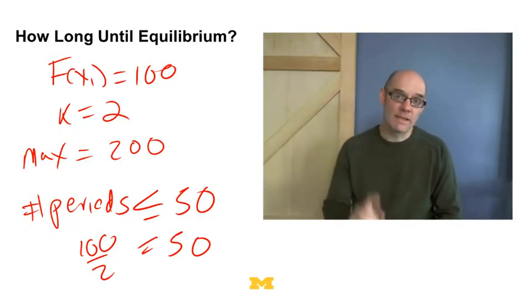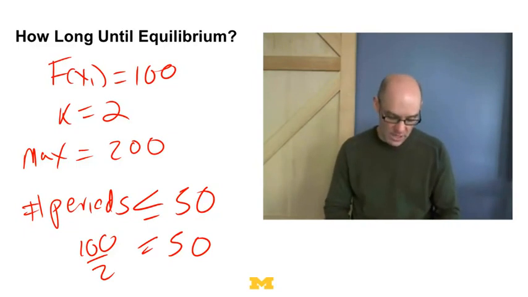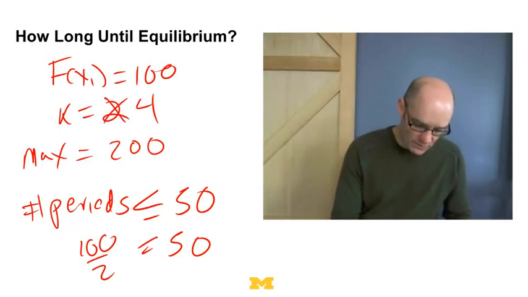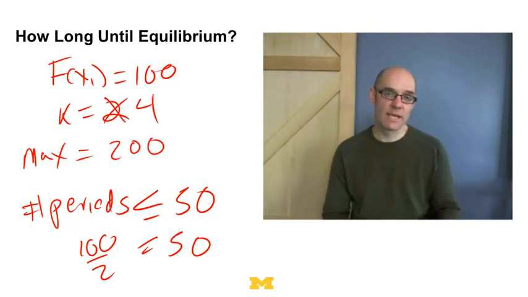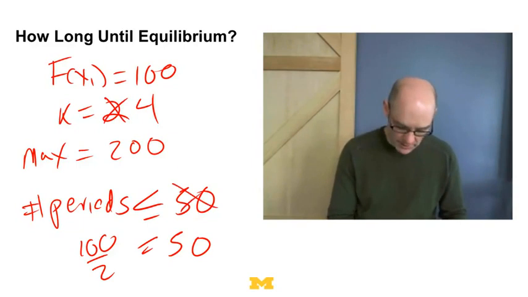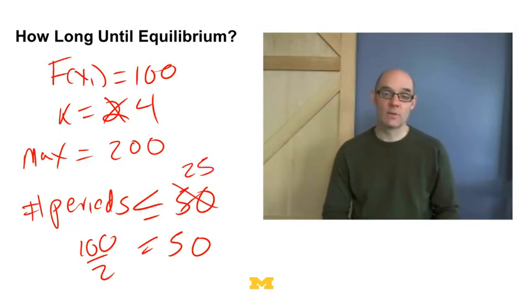Now it could be that if I think really hard about the model, I realize that, you know what, k is not 2, but actually k is 4. That I can show that it's got to go by at least 4 each period. Well, if that's the case, then instead of the number of periods being less than 50, you could show it's less than 25.